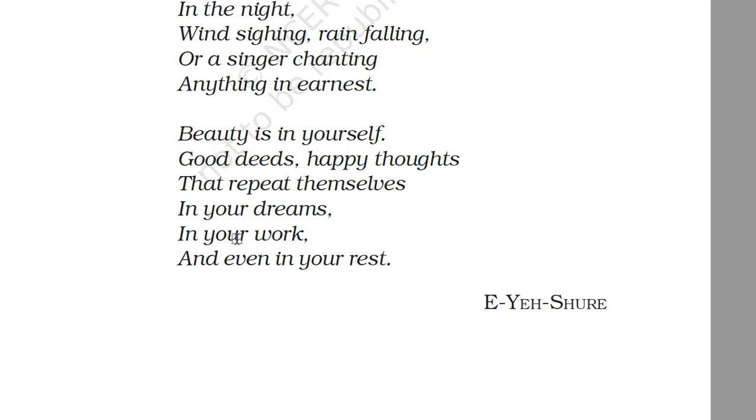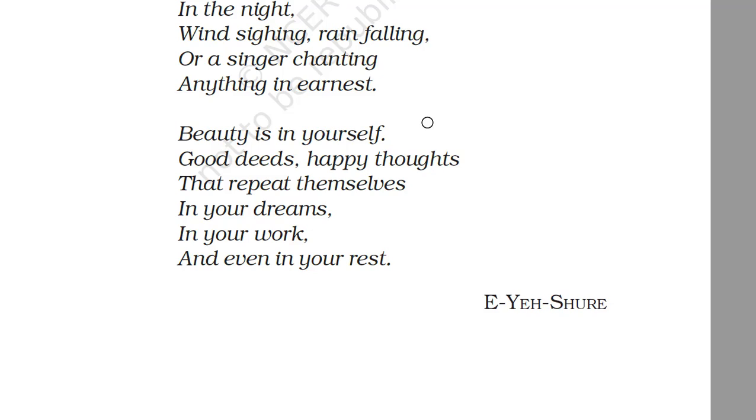So in this poem, what you learn is to identify your beauties and give them a good shape. Okay, that way you need to make your beauties. Your beauty should be good. What are the beauties you should have? Good deeds, happy thoughts.